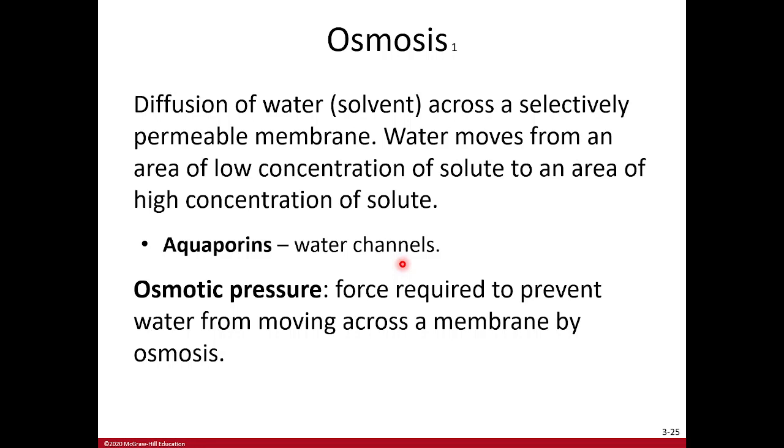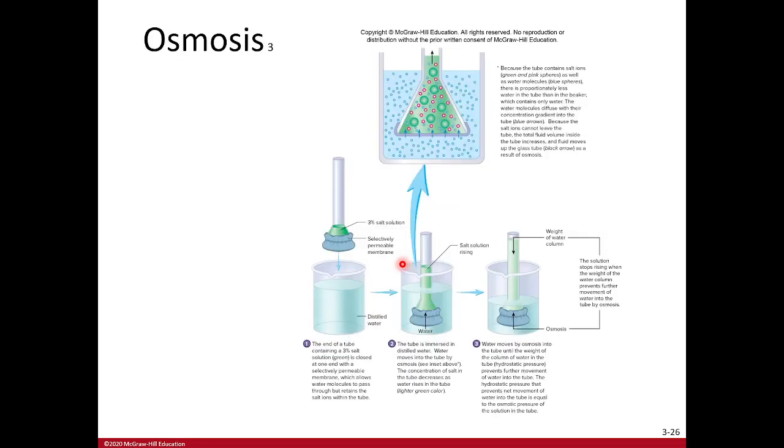Another way to look at osmosis is the movement of water from an area of high concentration of water to low concentration of water. Now, osmotic pressure is the force required to prevent water from moving across a membrane by osmosis when you have reached a specific pressure. So this is the example of osmosis.